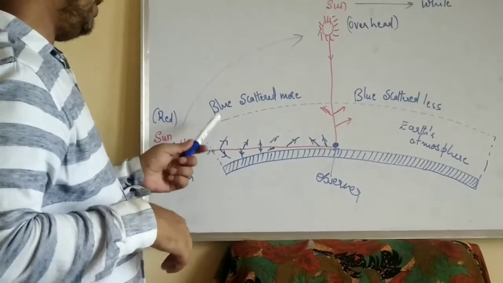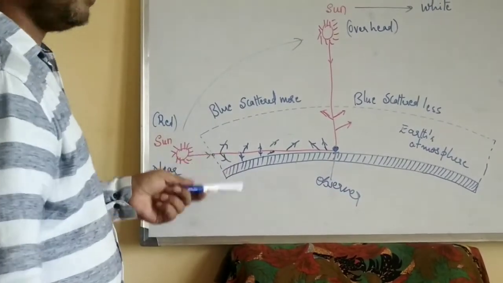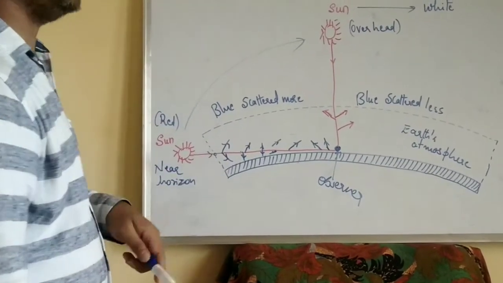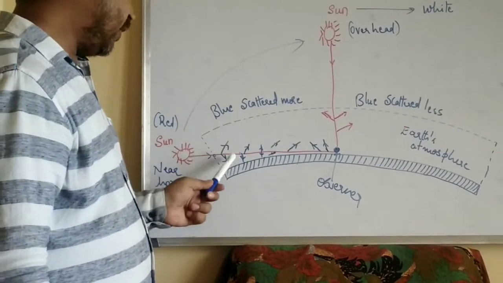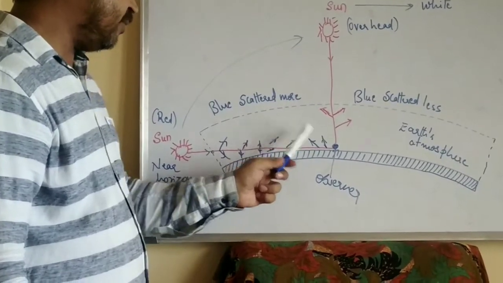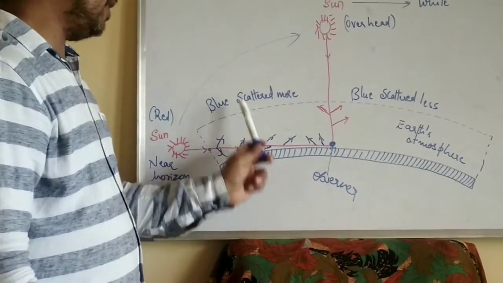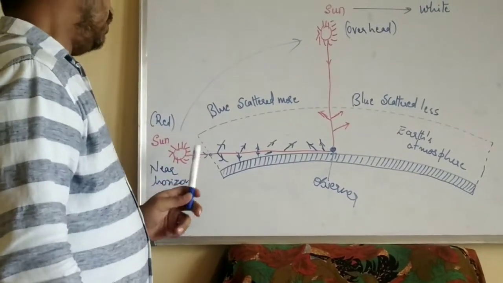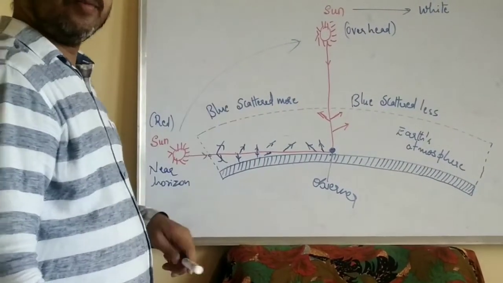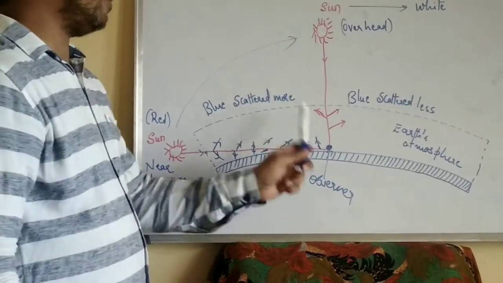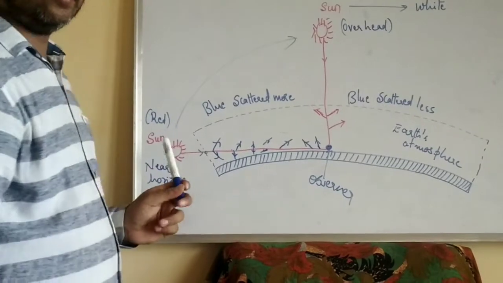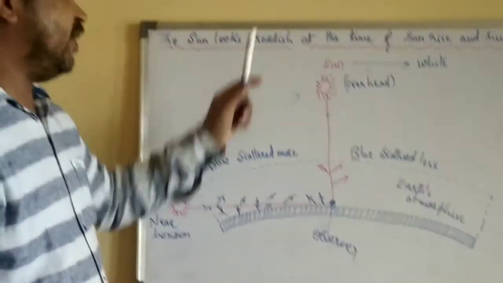The tiny particles were able to scatter the color of lesser wavelength. Which color has the lesser wavelength? That is blue. So you can see the blue color got scattered more as it travelled through the larger portion of the Earth's atmosphere. That's why the blue scattered more, and the color that was transmitted very easily, as it could be seen by the observer, was the red color. So the sun appears reddish.